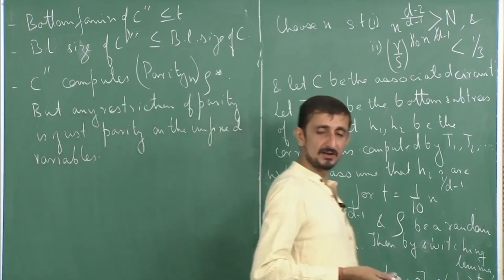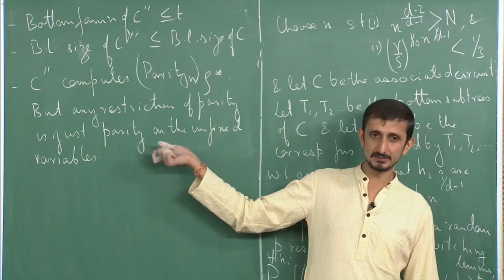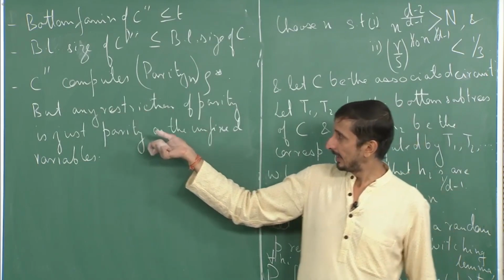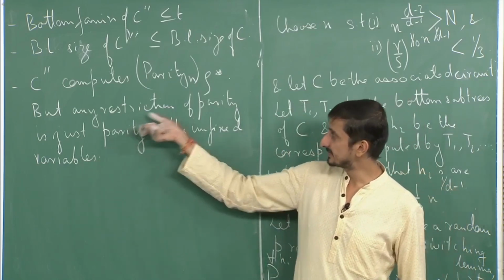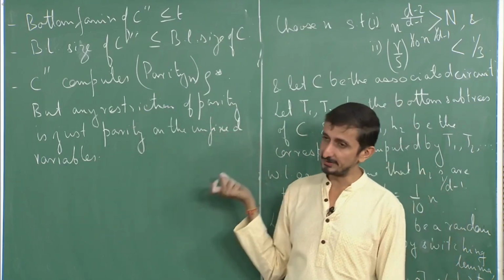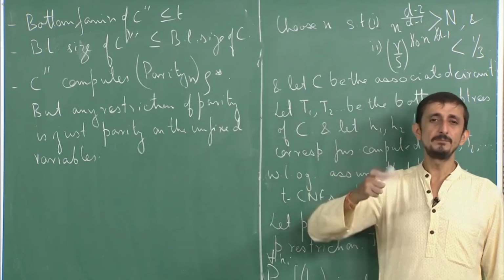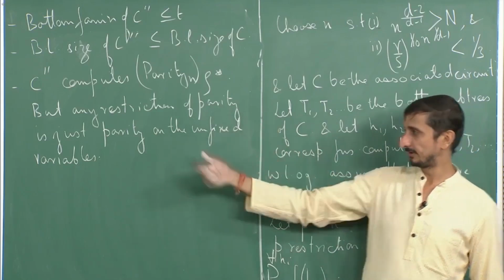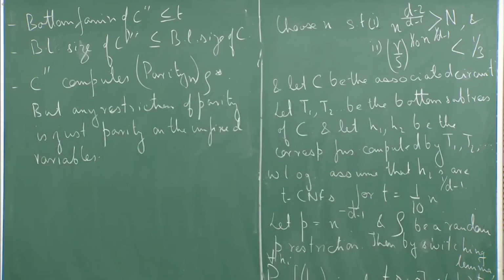So, this is where I am using the property of parity. Whatever variables remain unfixed by this restriction, any restriction of parity to those unfixed variables is just parity on those unfixed variables, because if I flip any of those unfixed variables, my parity value will change. Okay. And how many variables remain unfixed? I have Pn variables that remain unfixed.